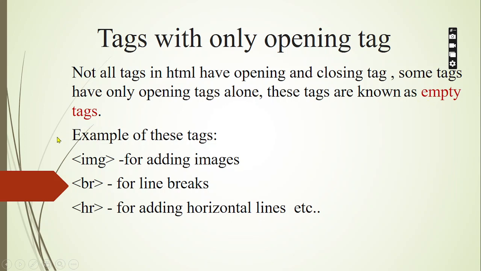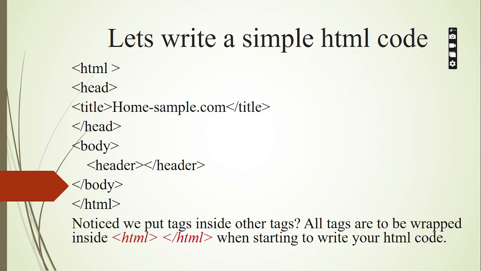A few examples are img, for adding images, br for line breaks in case you want to start a new line, and hr for horizontal lines. Over the course of this training, we're going to be using all of this as building blocks for the HTML structure foundation. So let's write a simple HTML code.